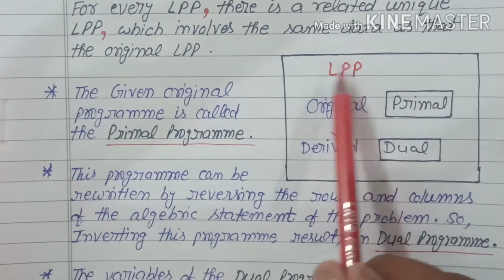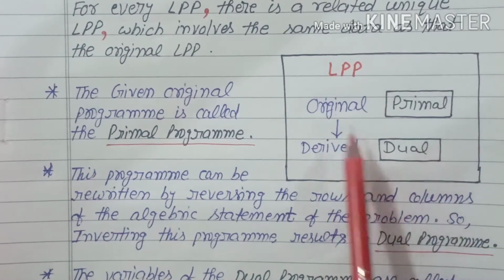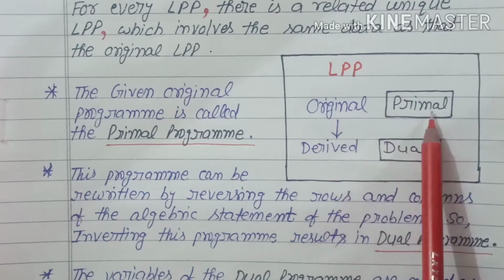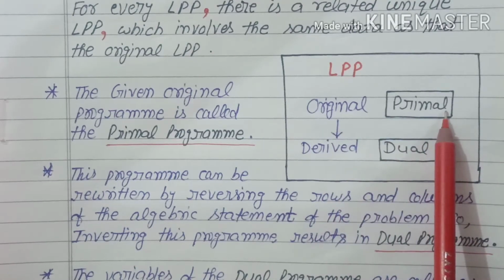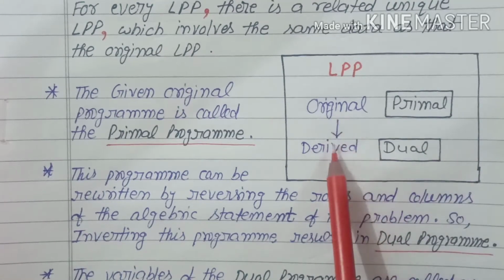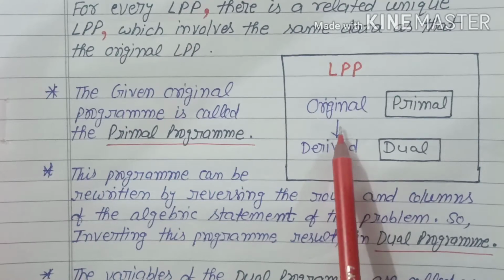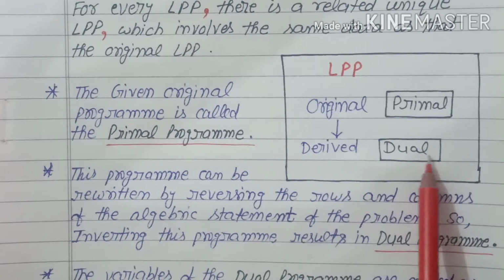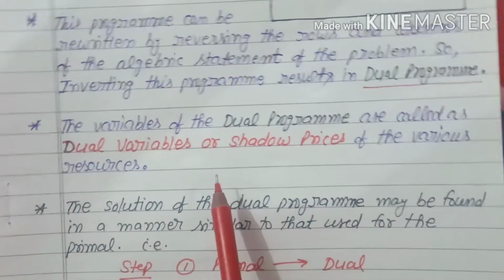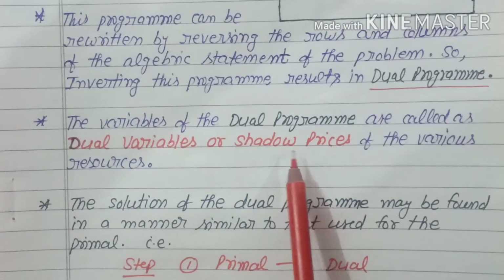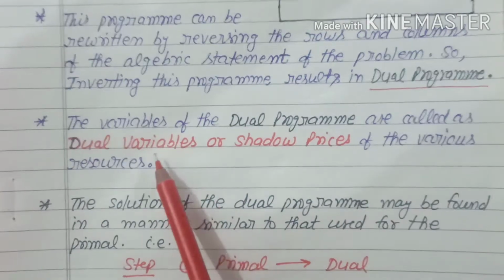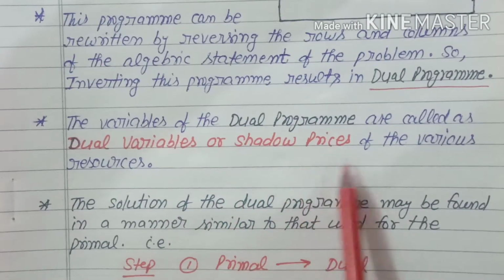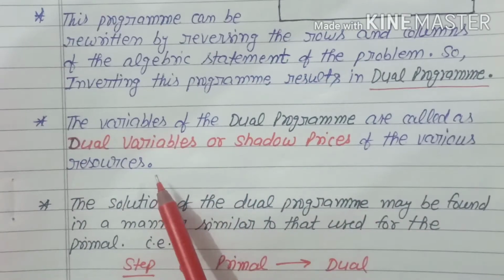You can see here in this small figure that the original LPP is called the primal LPP, and when its rows and columns are converted, then the derived LPP is known as the dual LPP. The variables of the dual program are called the dual variables or the shadow prices of the various resources.